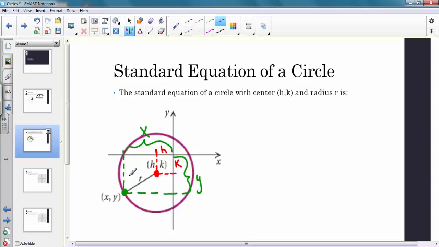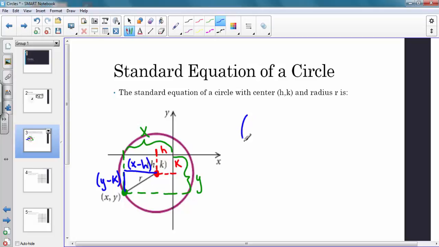So in forming our right triangle, here we now have x minus h and y minus k, and of course our hypotenuse is still that radius r. So again, we can form this right triangle and use the Pythagorean theorem.